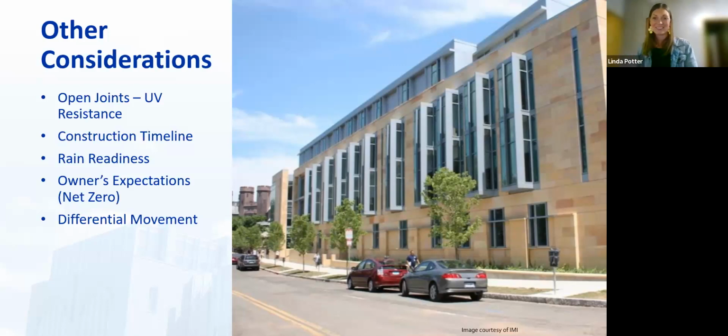Differential movement. You've got a lot of different materials on buildings now. Rarely are you building a building with one cladding with openings all the way around it. We're transitioning all kinds of things. How are those materials moving, and do you have a barrier that can accommodate that movement over the course of its lifetime?